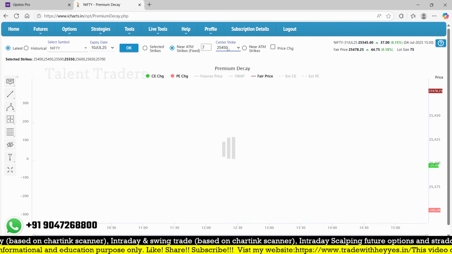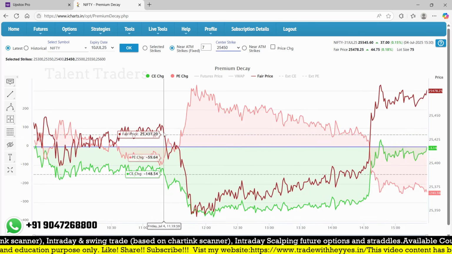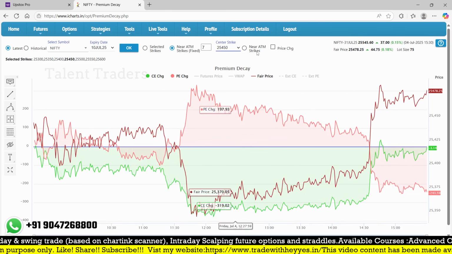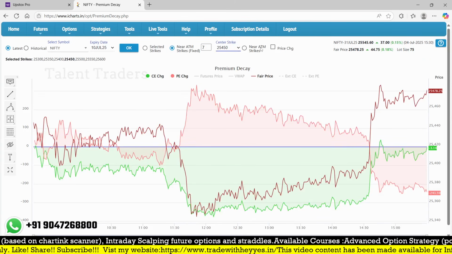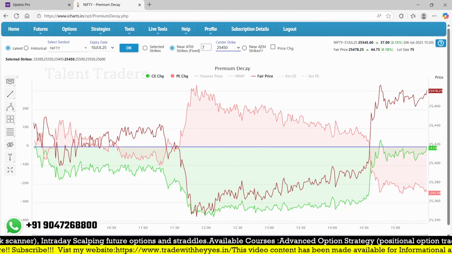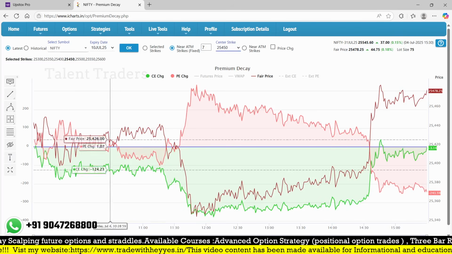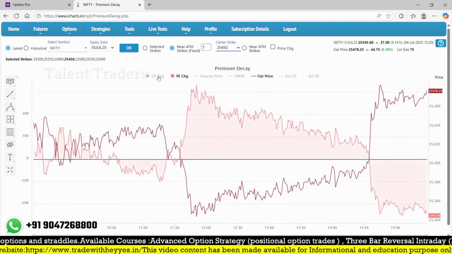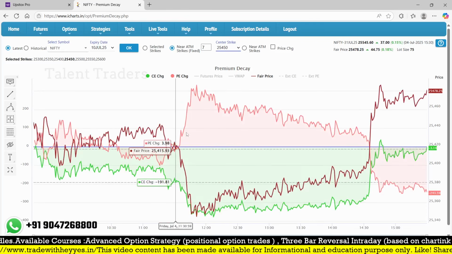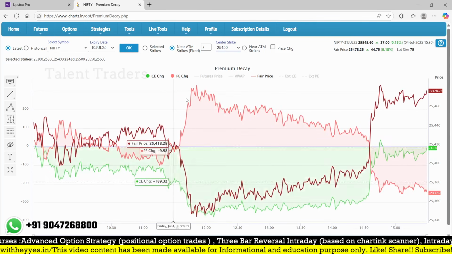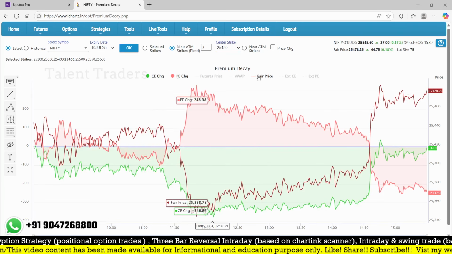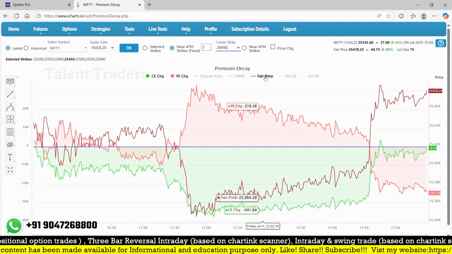Today's open price is 25,450. If you are using fixed, it will never change. But if you are using near, it will automatically fetch the strike price based on the current market price. Here the green one is the call strike price and the red one is the put. It shows the premium changes, and the fair price.